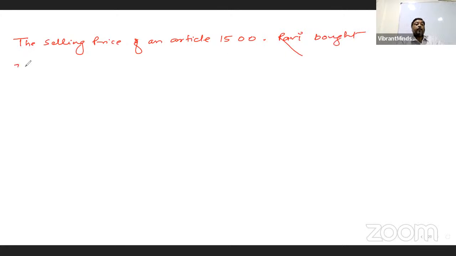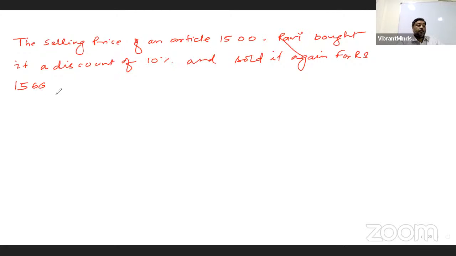Ravi bought it at a discount of 10% and sold it again for rupees 1566. Find Ravi's gain percent.